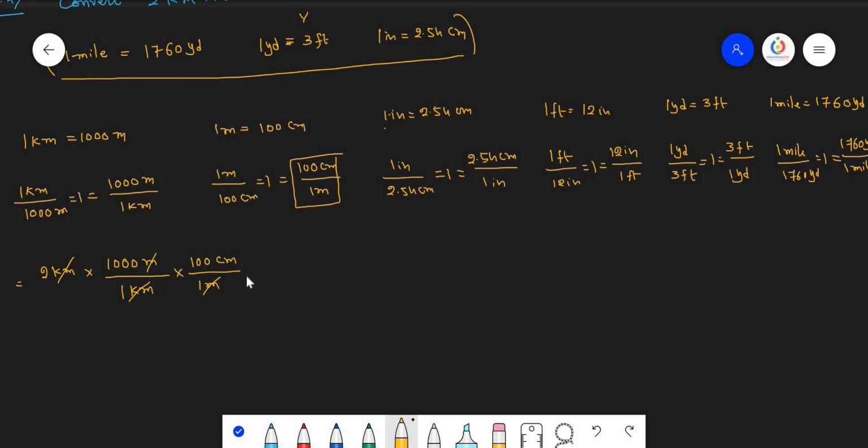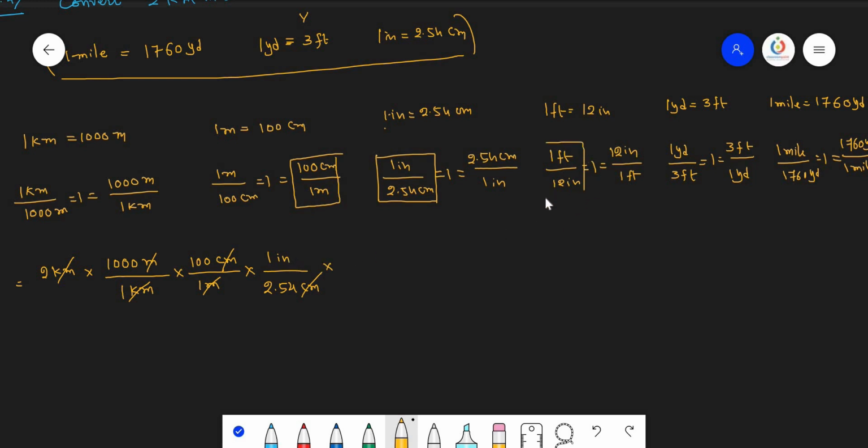Now centimeters are there, and centimeters are to be cancelled. So here we have inches, with centimeters in the denominator. So 1 inch divided by 2.54 centimeters. Centimeter cancelled. Now inches are there, and inches are to be cancelled.